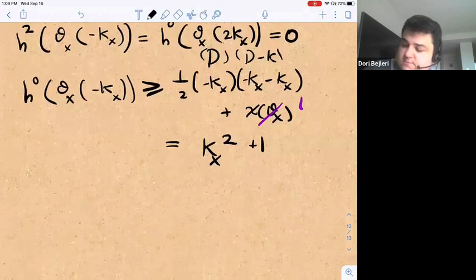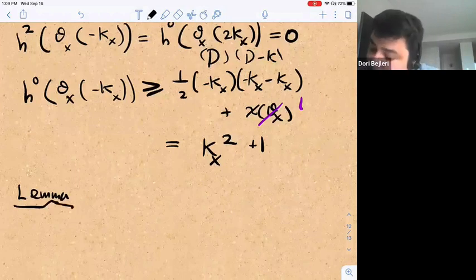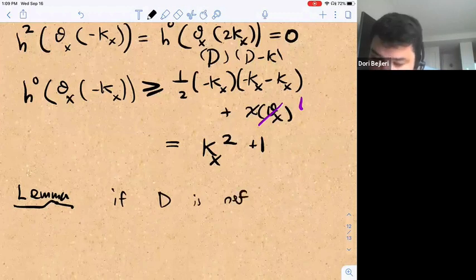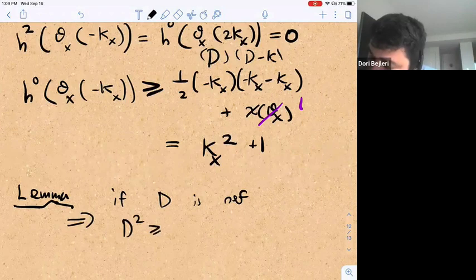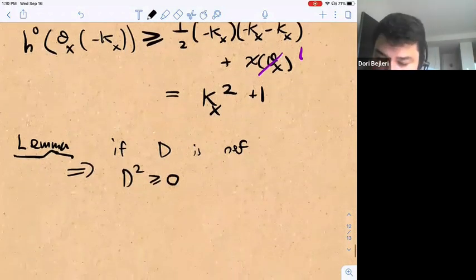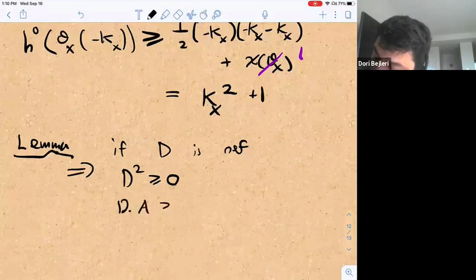Okay, so here's a lemma. If D is nef, then D squared is greater than or equal to 0, and D dot A is greater than or equal to 0 for A ample.